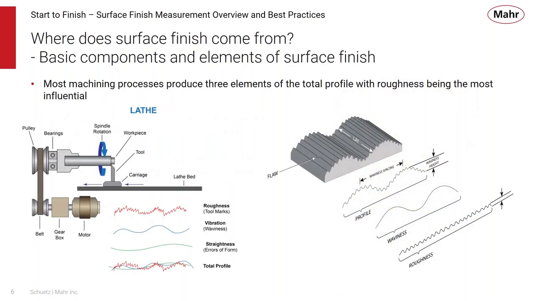So where does the surface finish come from? We talk about the machining process, and here's a typical lathe, and the parts of that lathe are going to really put a fingerprint of that manufacturing process onto the part. So those parts of the process are the cutting tool itself, the ways and the lathe bed, for example, they have some straightness errors in them. You might be getting some vibration from the motor or the gearbox.